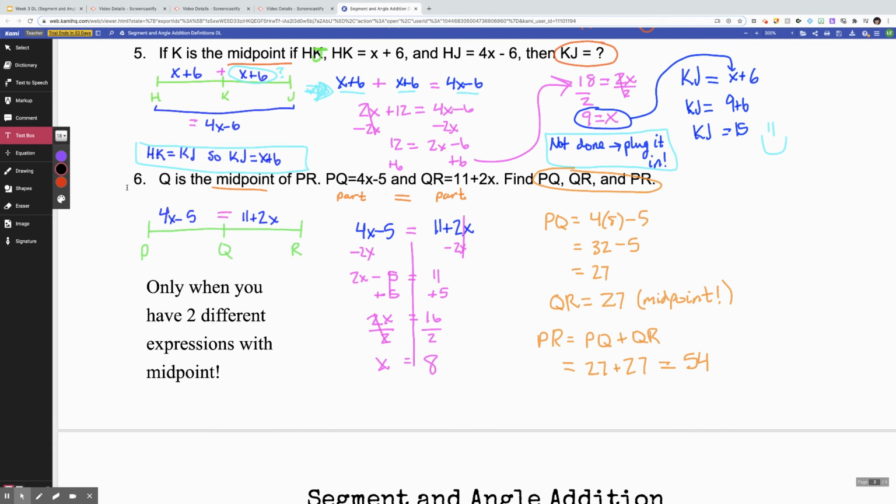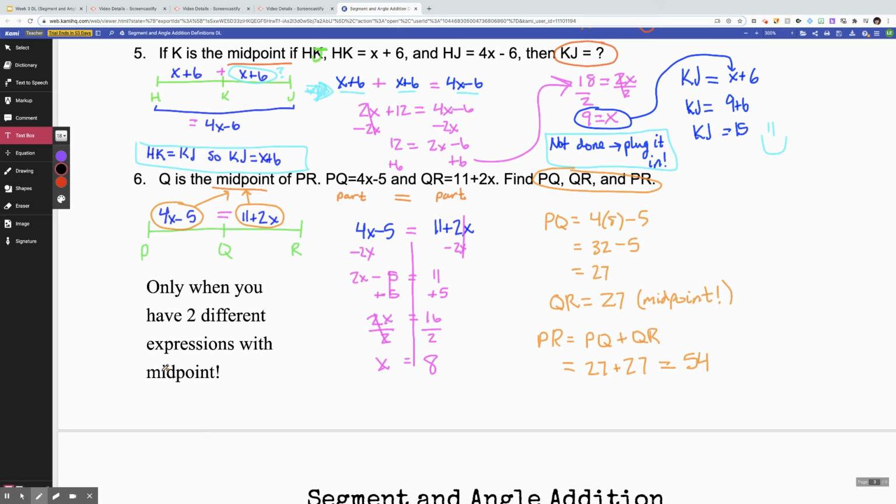Normally, I would think to myself, well, wait, don't I need a part, or a whole, sorry, down here at the bottom, okay? The only reason I don't need that for this is because I have two completely different expressions, and I'm dealing with a midpoint.